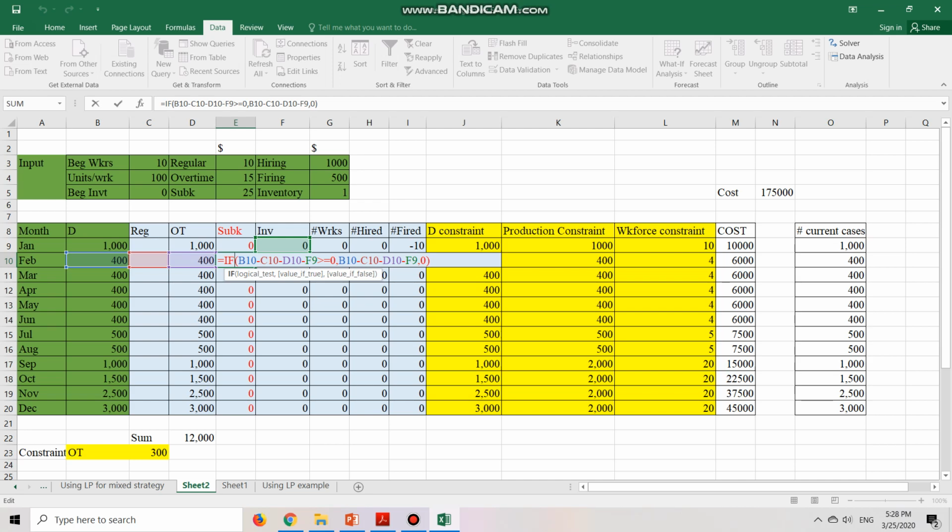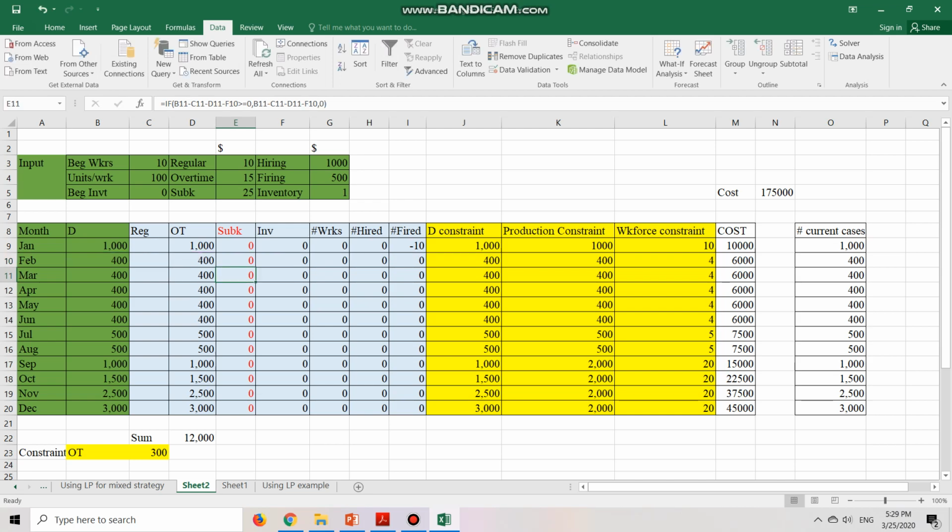So we will calculate the total production quantity from regular production and overtime, and also the inventory from January. And if still not enough to satisfy the demand in February, we need to do subcontracting. If not, we don't need to, so it's equal to 0. This is how we use the if function to calculate the value of subcontracting.